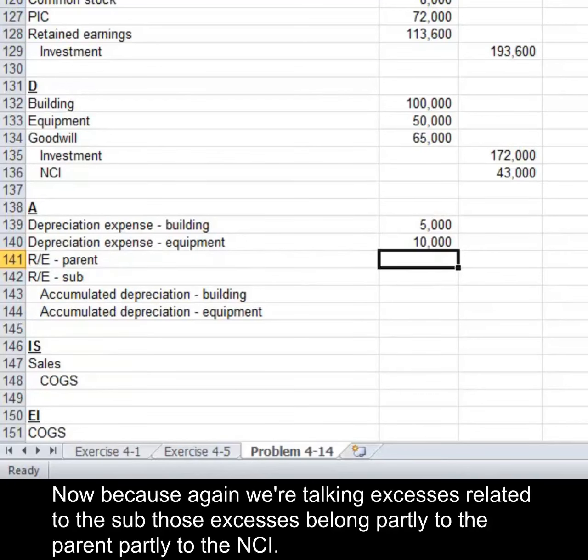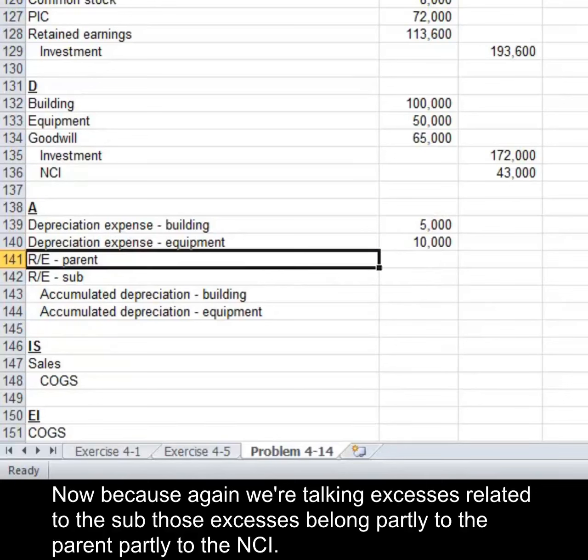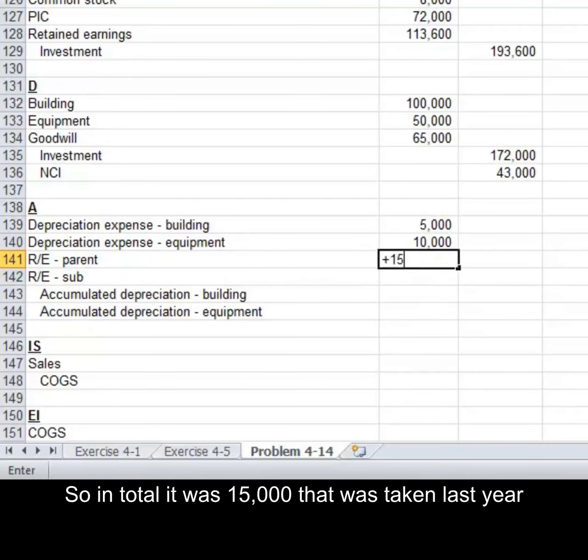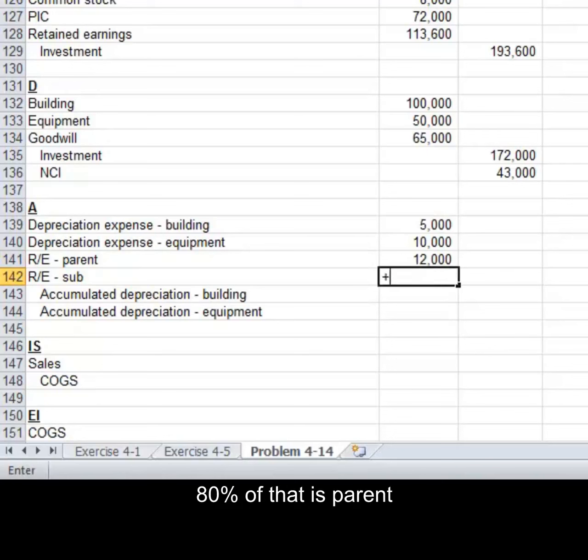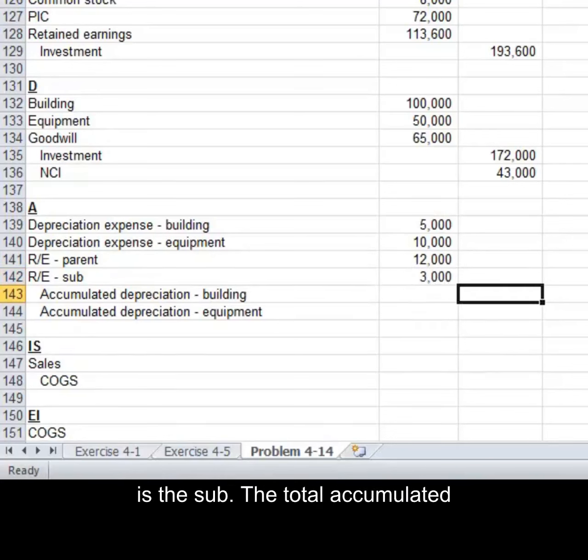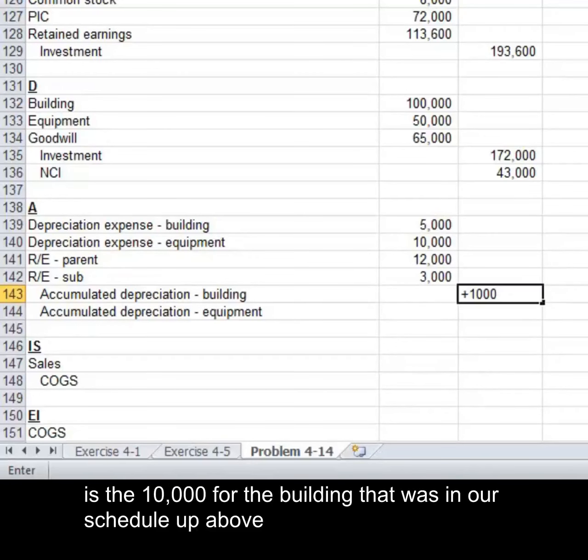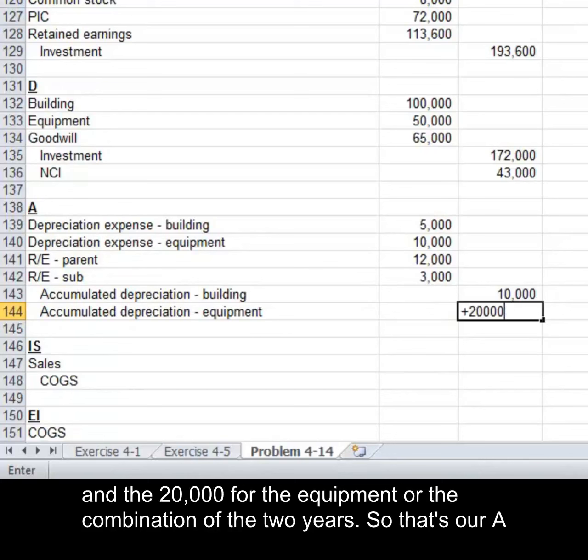Now, because again we're talking excesses related to the sub, those excesses belong partly to the parent, partly to the NCI. So in total it was 15,000 that was taken last year. 80% of that is parent and the other 20 is the sub. The total accumulated is the 10,000 for the building that was in our schedule up above and the 20,000 for the equipment, or the combination of the 2 years. So that's our A entry.